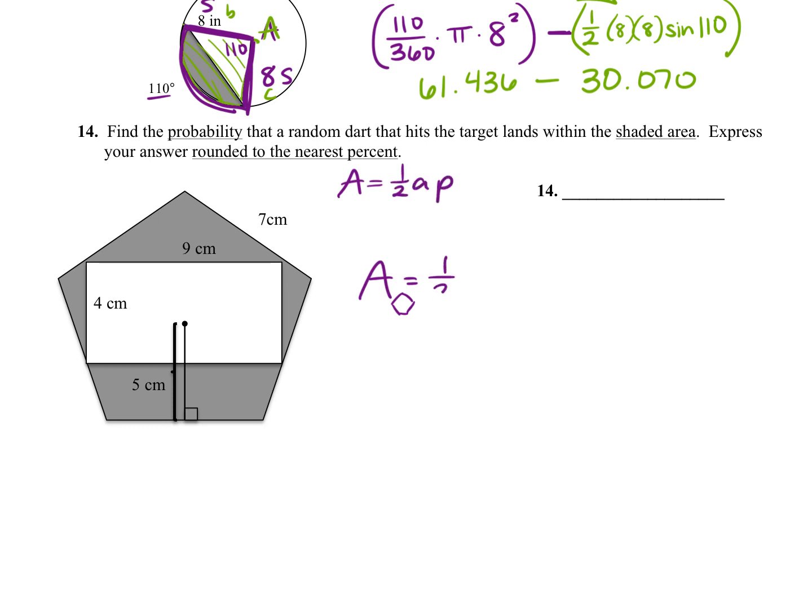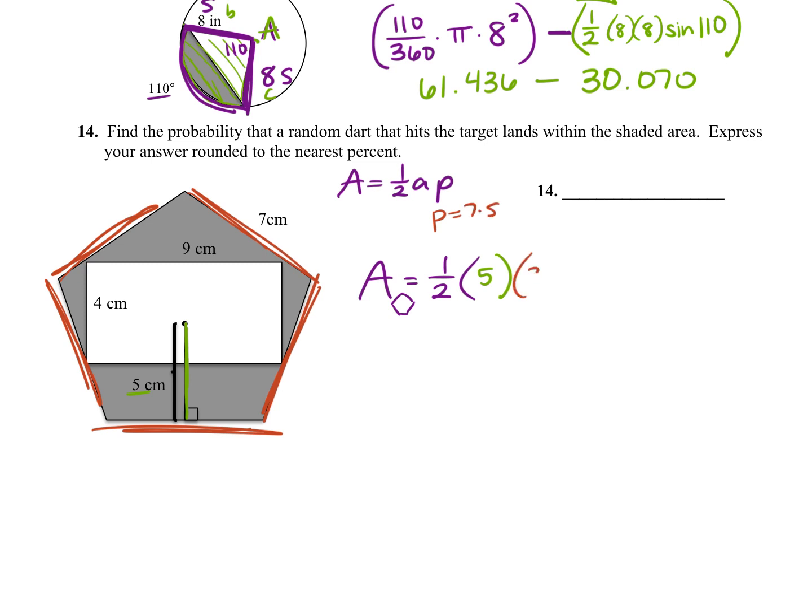So we're going to say 1/2. Tell your neighbor what your apothem is. Yes, it is this 5. Okay, that's the apothem. And then the perimeter. Now, this is a regular polygon, so 7 and 7 and 7 all the way around, right? 7 times 5. So that's 35.